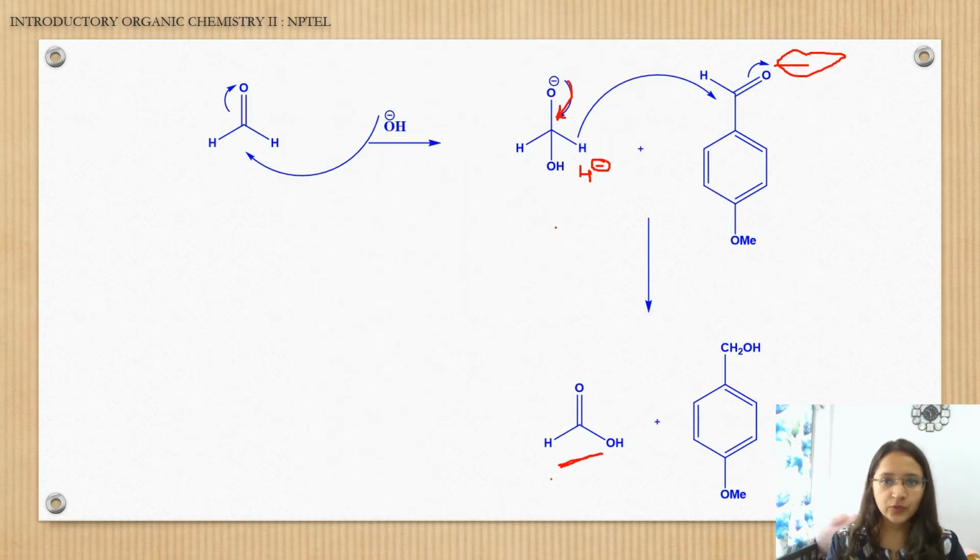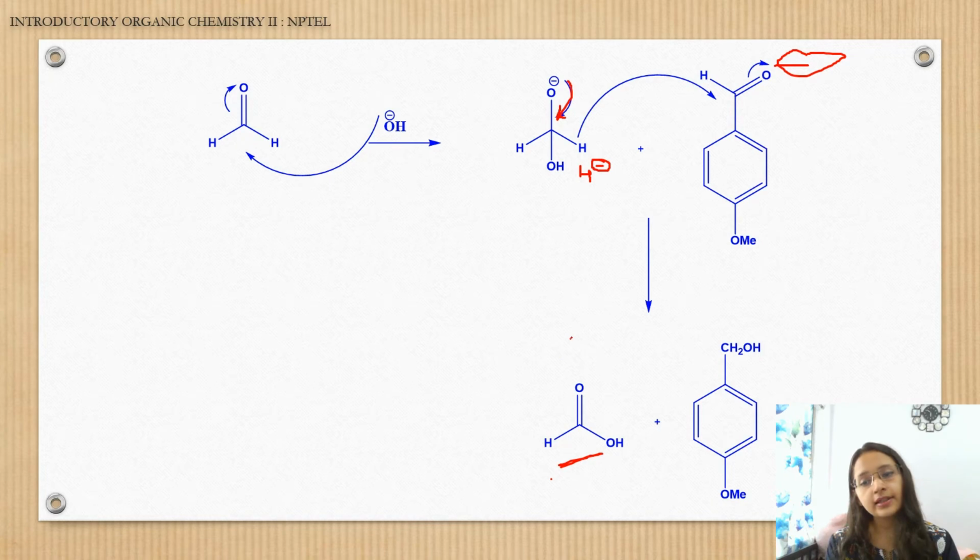So have you understood how a Cannizzaro reaction works? You will end up with an acid and subsequently an alcohol in the system. Now you have to figure out which species will be the acid and which will act as the alcohol, depending on the electrophilicity of the carbonyl carbon. First of all, the electrophilicity of the carbonyl carbon plays a role here, and then the hydride transfer will take place on the other carbonyl carbon, and you will end up having an acid and an alcohol in the system.